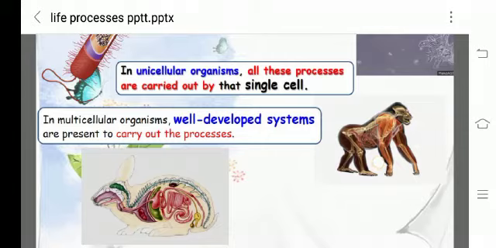In a single cell there won't be any body parts, internal organs or external organs, but in a multicellular organism like we human beings, we have all the internal and external organs. So in a unicellular organism all these processes are carried out by that single cell, and in a multicellular organism well developed systems are present to carry out the processes. I hope you understand unicellular and multicellular organisms.